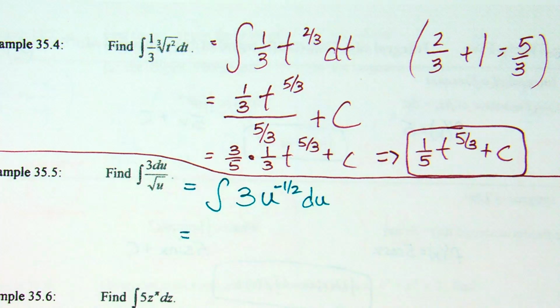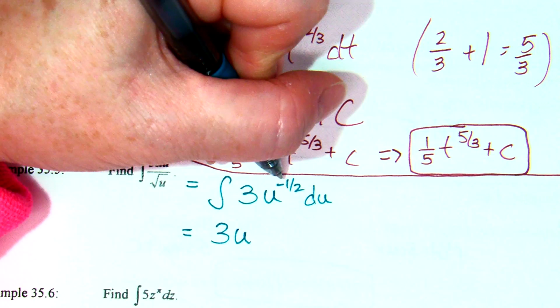Okay. Do what? 3u, add 1 to the exponent. What's negative 1/2 plus 1? Positive 1/2. And then what do?